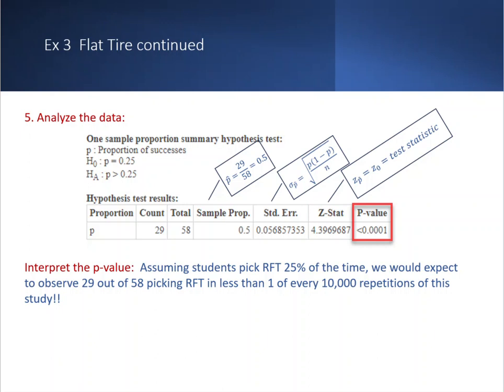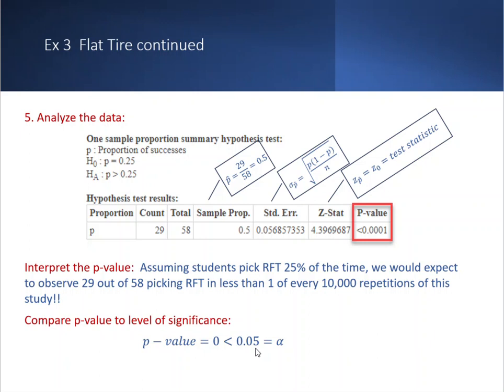Now, the process we've been practicing for our hypothesis test steps tells us that we need to compare the p-value to the level of significance. And we're going to say that that p-value, which is in essence 0, is obviously less than 0.05, which is what we are assuming our level of significance to be.